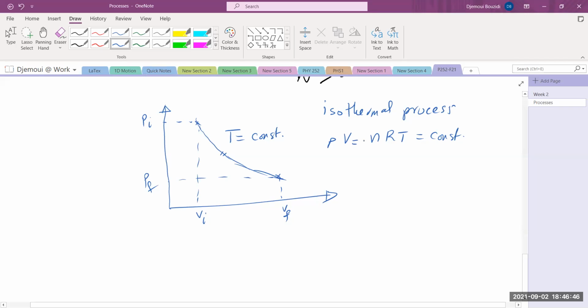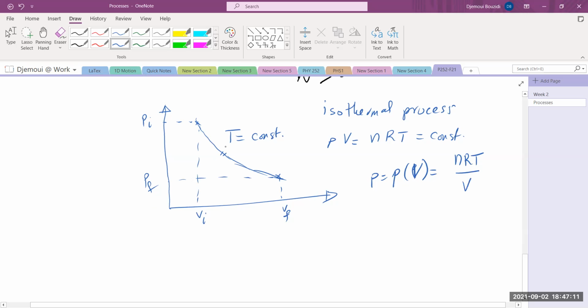So that's a number. But the pressure is definitely not constant. We went from this pressure down to this pressure, and the volume is not constant. So these two terms independently are not constant. So I can write P as a function of V simply as this constant divided by V.